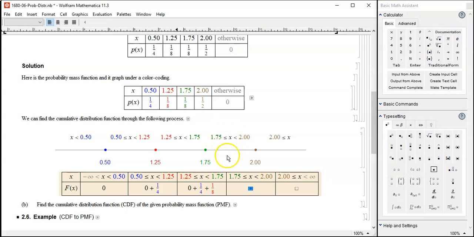Now let's go to the next interval here. I have 3 masses accumulated thus far. So we have to add up these 3 probabilities. So start from the previous. And there you go. This was there before. That was there before as well. And this one's new.